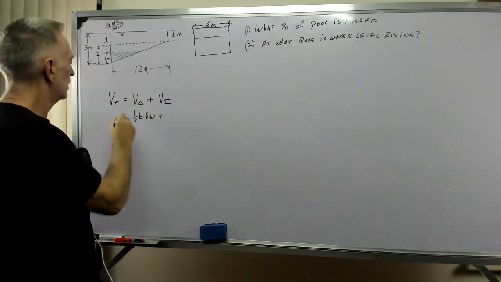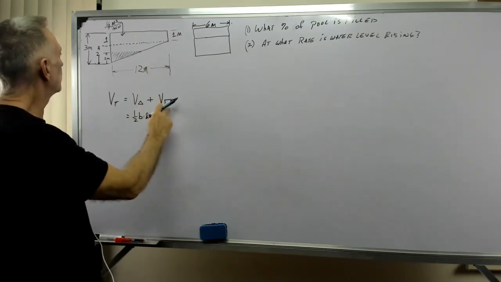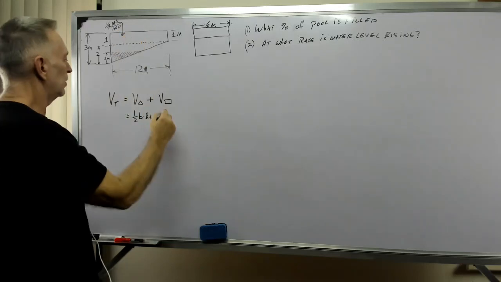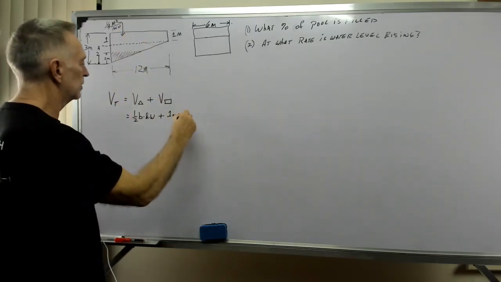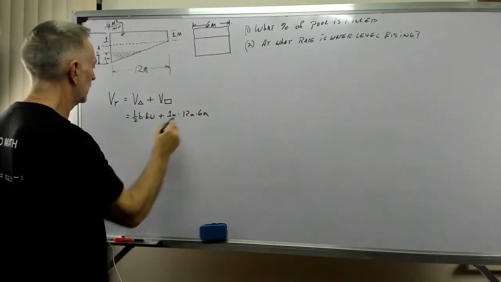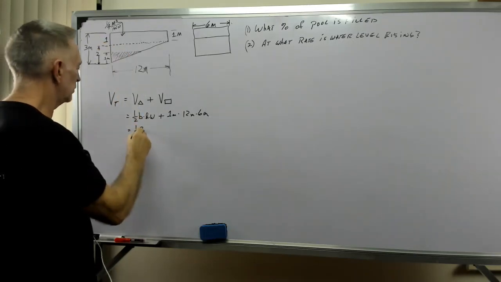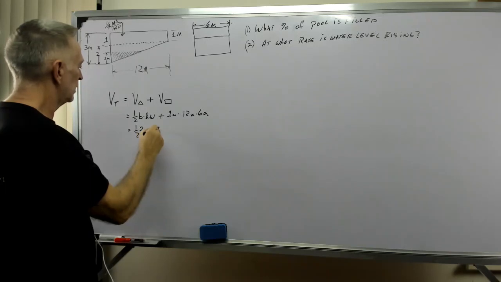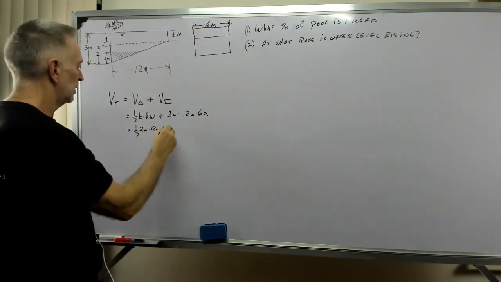Plus, on the volume of the rectangle, we've got 1 meter here, 1 meter times the 12 meters times the 6 meters wide. So in this case, 1/2 my base, which was 2 meters, times its height, which was 12 meters, times its width, which was 6 meters, plus all of this.